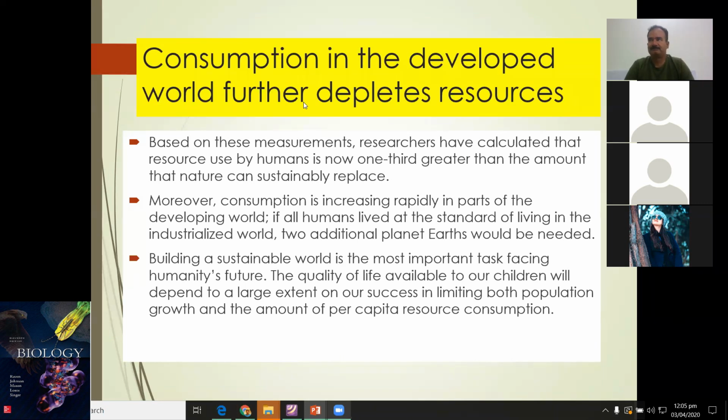If we study the present statistics calculated by different researchers for resource utilization by man, our population is 3 times greater than the amount of natural resources that can be sustained on this planet. Moreover, consumption of resources in developing countries is increasing day by day.